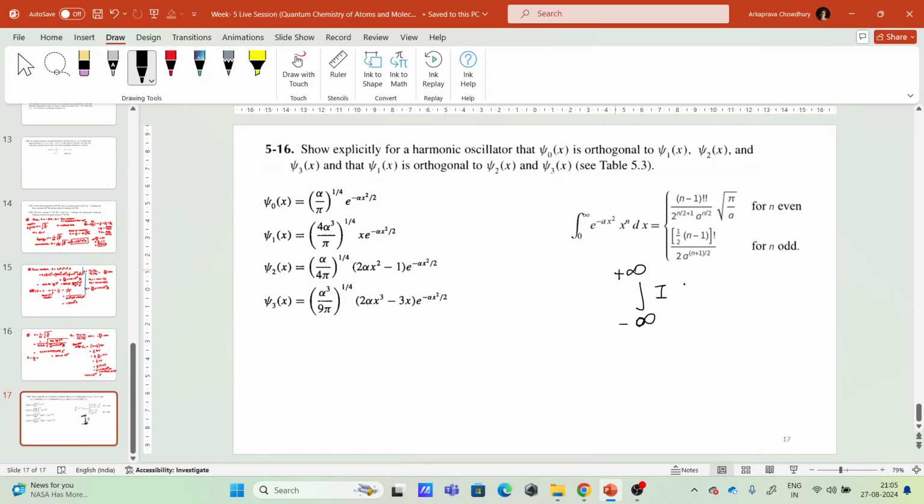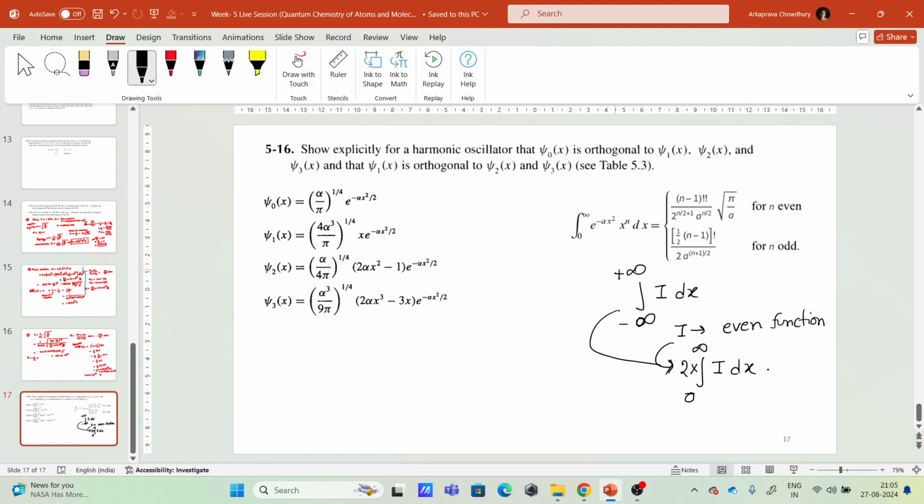Some integrand I dx. If I is an even function, then you can write it as 0 to infinity, 2 times I dx.